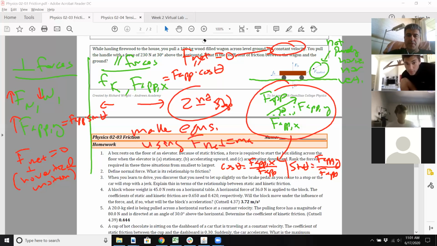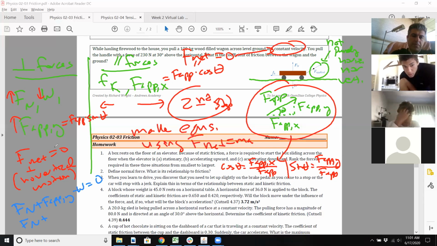So now I gotta make my equations. I'm gonna say Fn plus F app y, because those are both in the positive direction, but minus W equals 0.